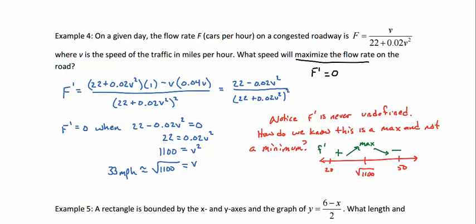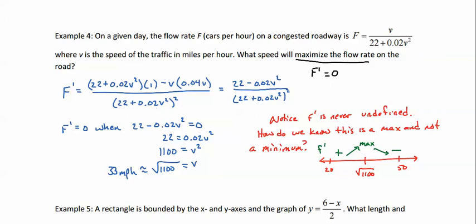And then I simplify and I end up with 22 minus 0.02 v squared, all divided by 22 plus 0.02 v squared, all squared. Now these look very similar and you're extremely tempted to cancel, but keep in mind, they have to be identical. If the numerator has subtraction, denominator has addition, we cannot simplify this at all.